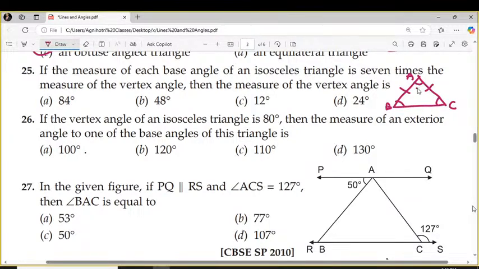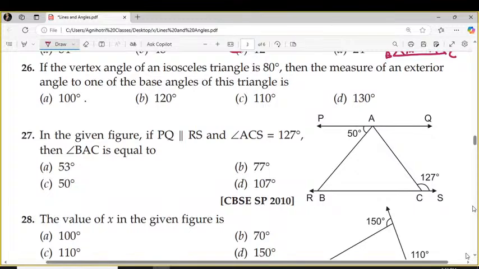This is the vertex angle. Let's say this is x, this is 7x, and this is 7x. That means 15x is 180. That means x is 12. Then the measure of vertex angle is 12, so 7 times 12 is 84. Okay, come to question 26.